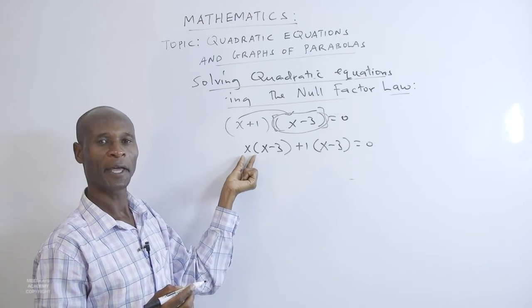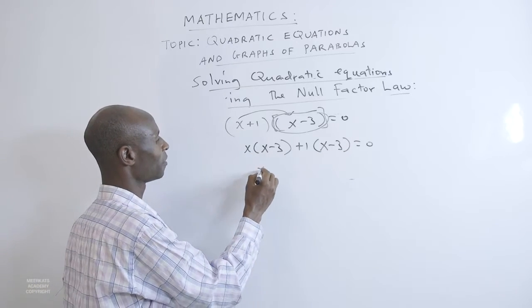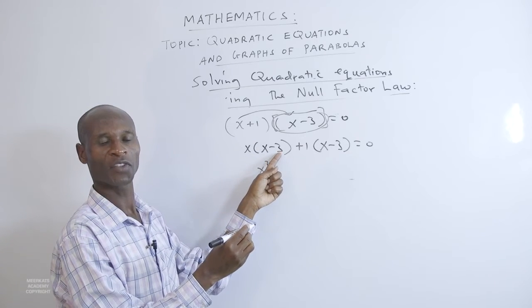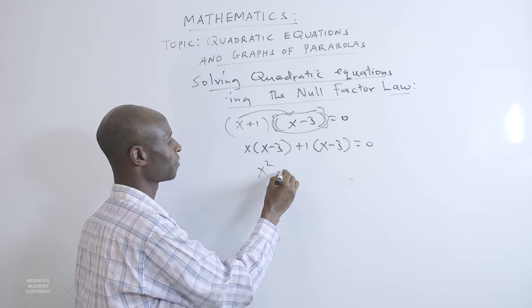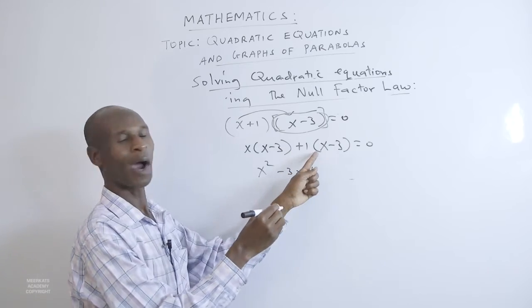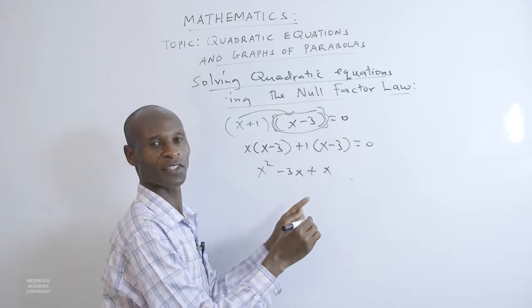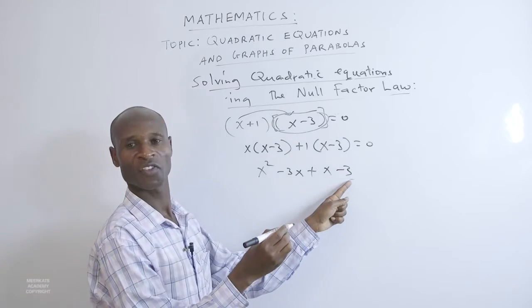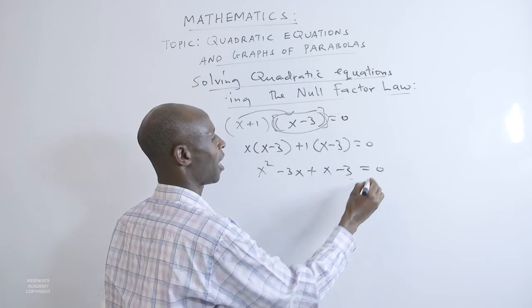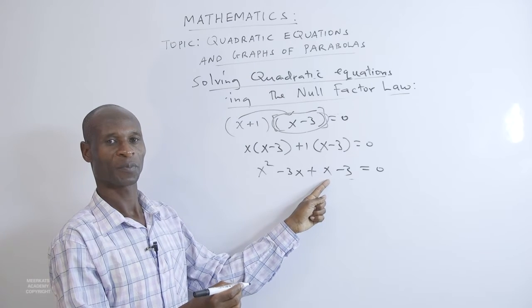So when you open, x times x is x squared, x times minus 3 is minus 3x, 1 times x is x, 1 times minus 3 is minus 3, and that gives us a 0.